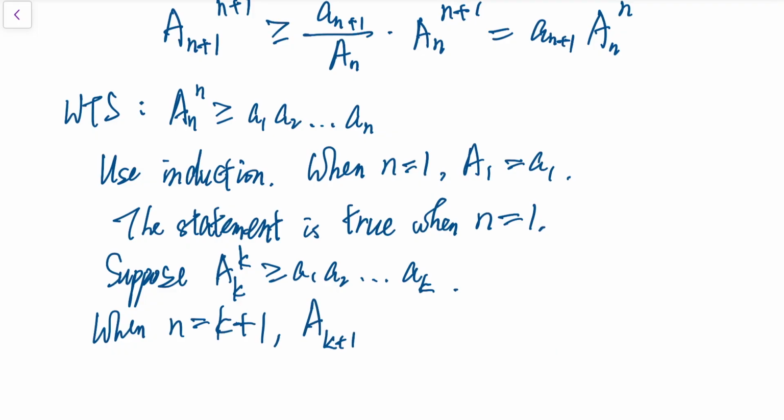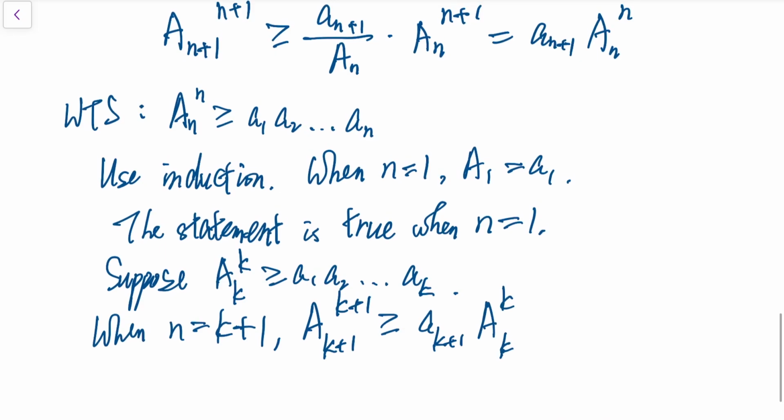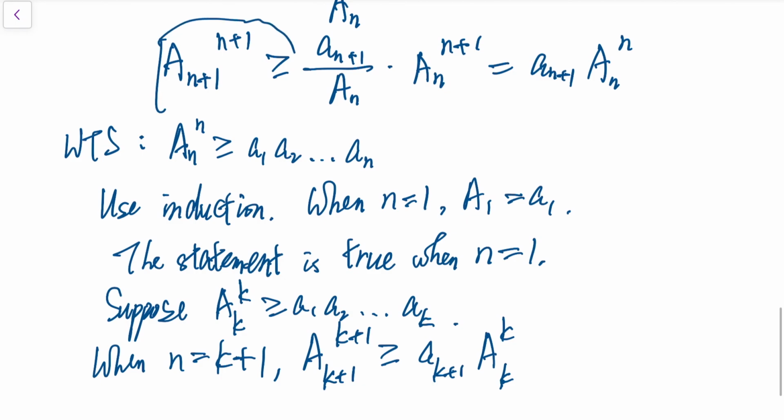When n is equal to k+1, Ak+1 to the power k+1 is greater than or equal to ak+1 times Ak to the power k, according to this part. Also, by the induction hypothesis, we know that Ak to the power k is greater than or equal to a1 times a2 times ... times ak.